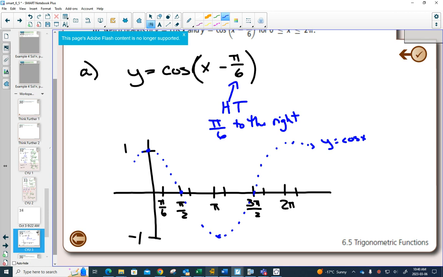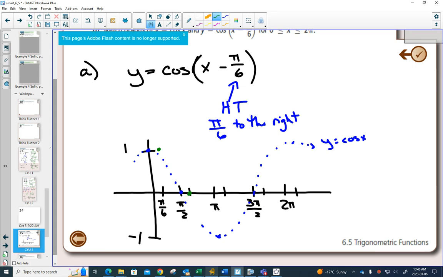If we have our regular graph of cos x, and you need to shift it pi over 6 to the right, all we're going to do, and I'll do it in green, is take this maximum point. I have a tick mark 1/3 of the way, pi over 6, to the right.